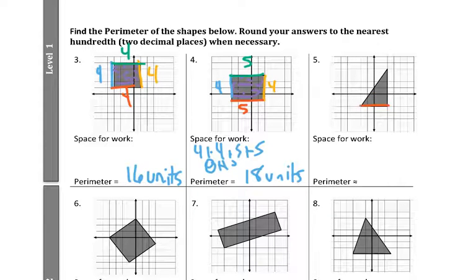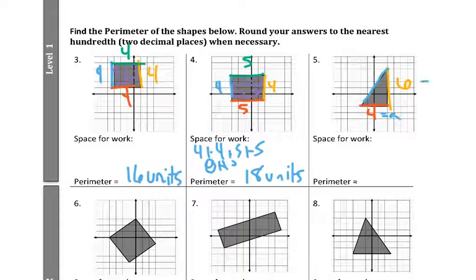So, looking at the bottom, we have a length of 4. Looking at this side, we have a length of 6. Now, we need to figure out how long this side is right here to add it to the 10 units of length that we've already got. To figure that out, I need to use the Pythagorean Theorem.